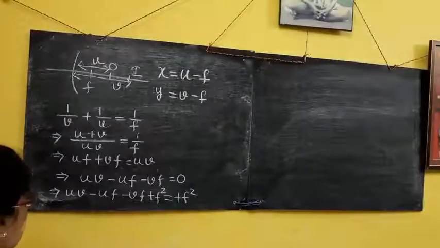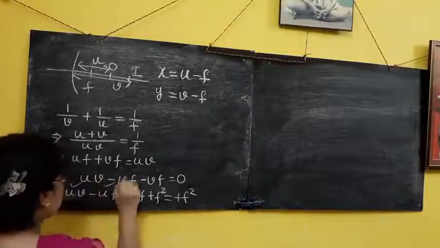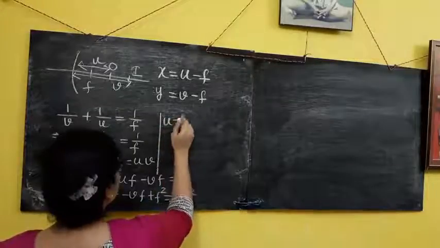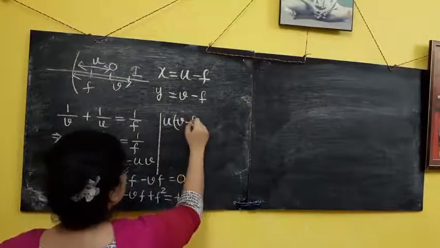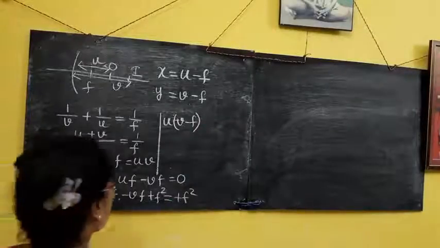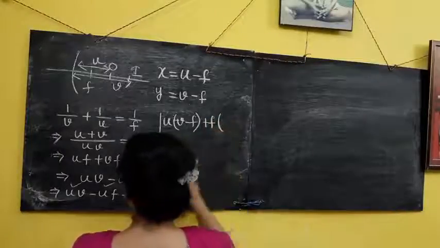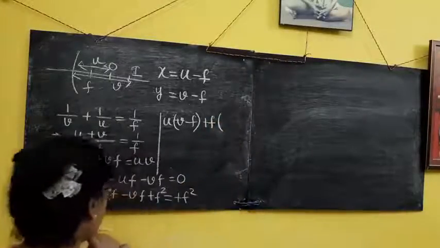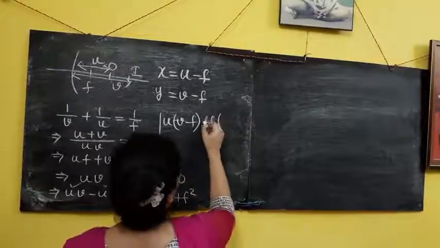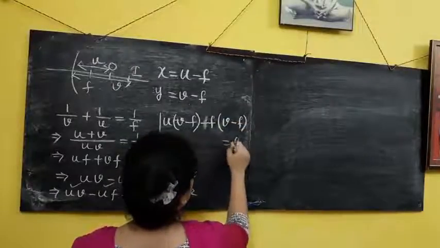Now I will do the middle term factorization, means I will take something common from all the terms. From this, if I take u common, the remaining part is v minus f. Done. No confusion. And if I take f common here, minus f common, I have v minus f, that is equal to f square.